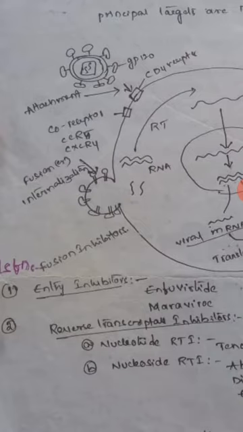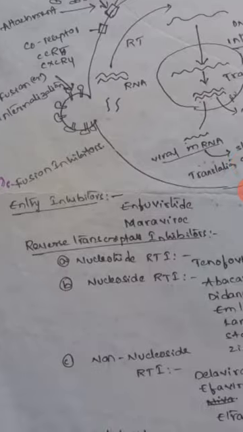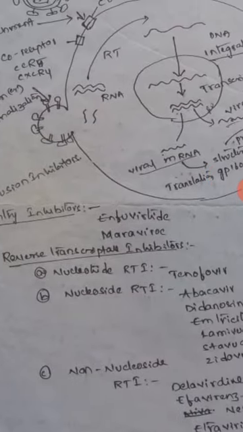These impair the process of binding and integration of the virus. Next is reverse transcriptase. This is the enzyme which converts viral RNA into viral DNA.